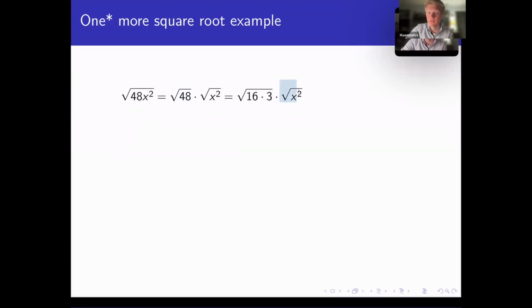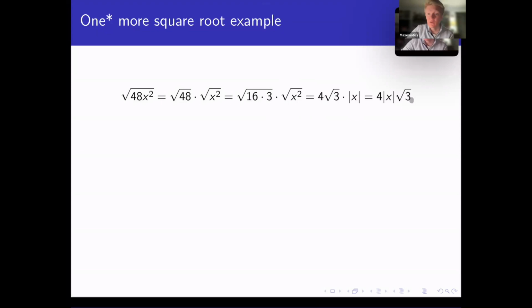Well, this is a rule that we have very specifically. Square root of x squared is absolute value of x. So again, square root of 16 is 4, square root of 3 is square root of 3, and square root of x squared, from that very first line of examples, is absolute value of x. And just as a nice way of rewriting this more nicely, let's put that absolute value of x in front.